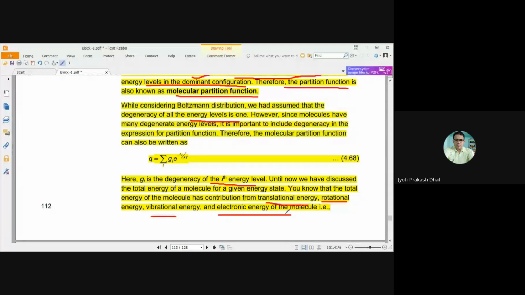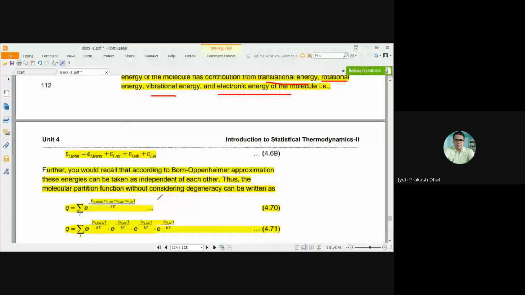So epsilon i total equals epsilon i translational plus epsilon i rotational plus epsilon i vibrational plus epsilon i electronic.